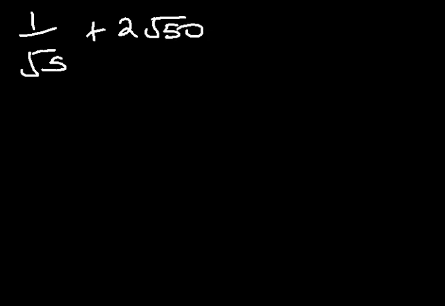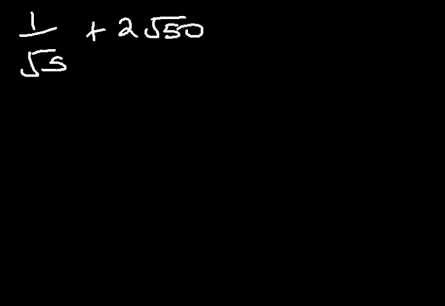Let's say we have 1 over the square root of 5 plus 2 times the square root of 50. Now how should you rationalize the square roots in the denominator here?